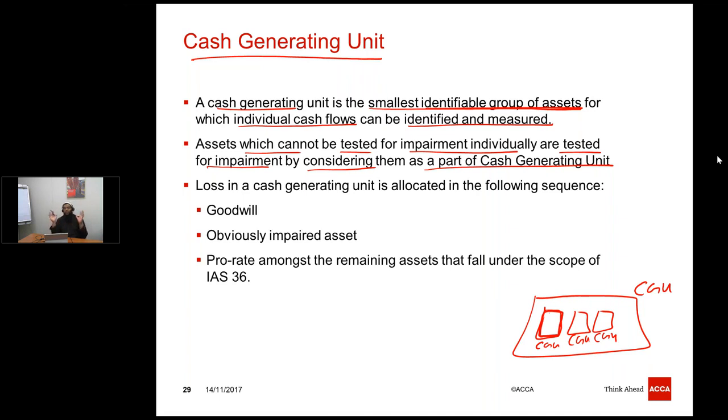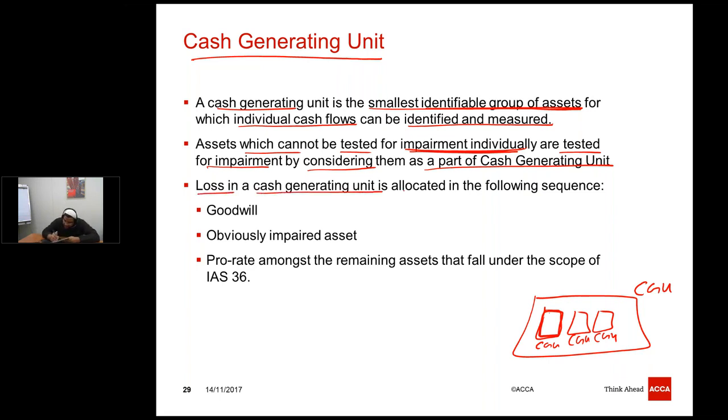Now this is a recording room, a live teaching room. So this will become a CGU. So we are going to check the smallest possible identifiable group to calculate the CGU only when the individual assets cannot be impairment tested. Whenever the impairment cannot be done individually, only then we are going to make a CGU.